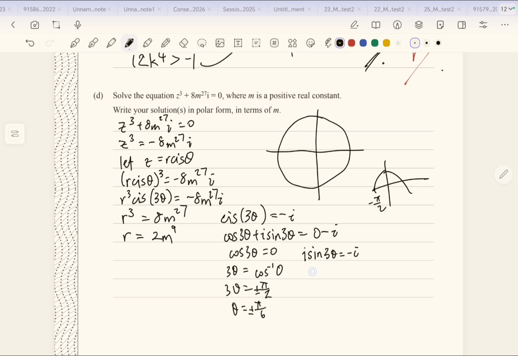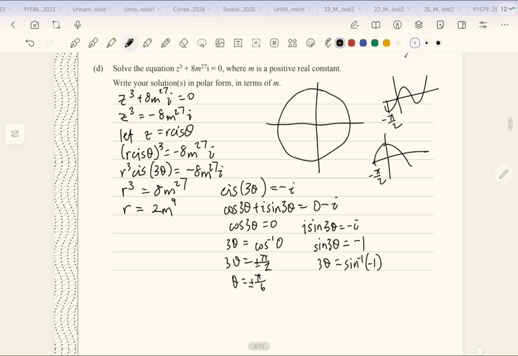On this side we have i sine 3 theta equals negative i. So sine 3 theta should be negative 1, dividing both sides. So 3 theta equals sine inverse of negative 1, which is, 1 second, 3 pi on 2, could be negative pi on 2.